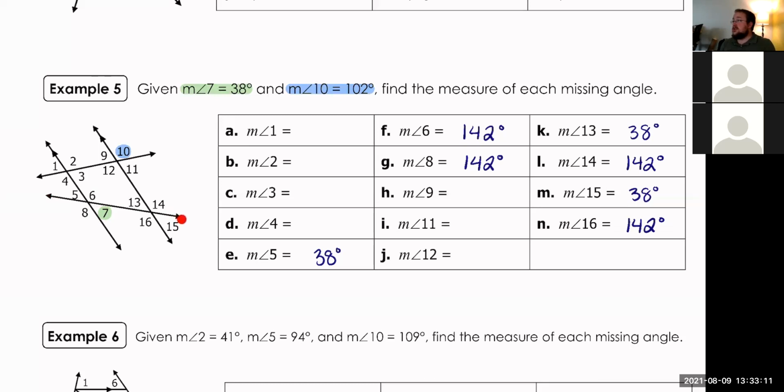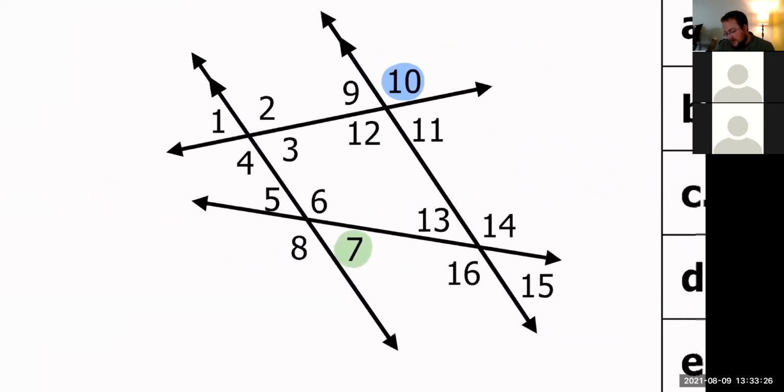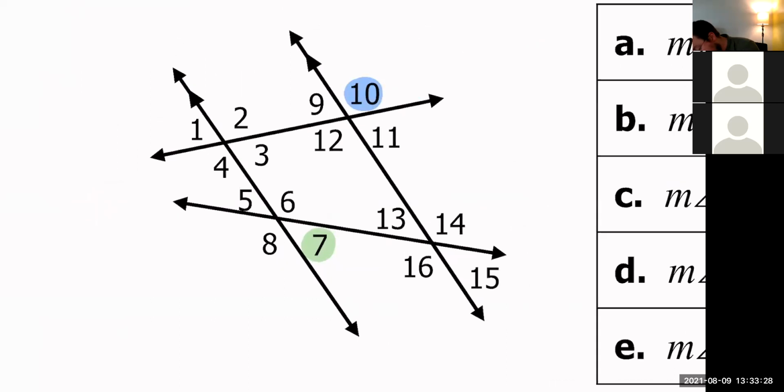What hopefully you noticed as well is I did not say anything about the measurements of 5 through 8 and compare them with 1 through 4. And here's the reason why. If I were to zoom in right now, I don't know if I can do this very well.